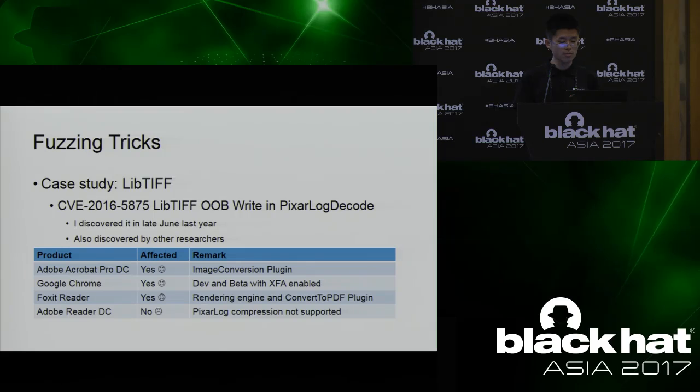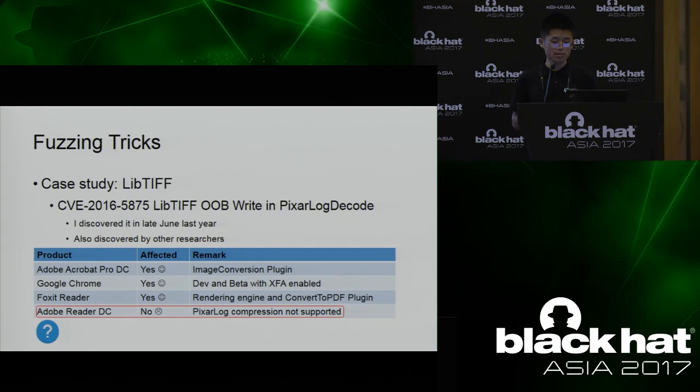In this case, we can see that Adobe Acrobat's image conversion plugin, Chrome Dev and Beta with XFA enabled, and Foxit Reader's rendering engine and the Convert to PDF plugin were all affected. But it should be noted that the Adobe Acrobat and Reader's rendering engine was not affected.